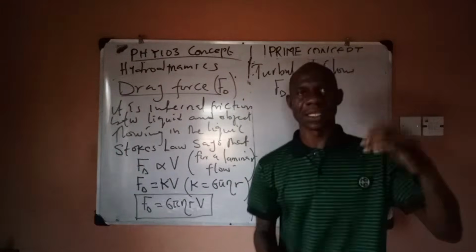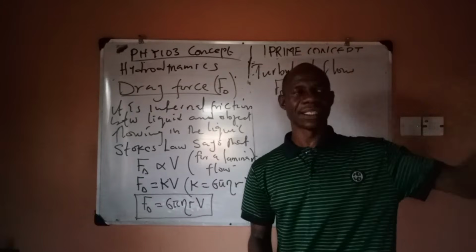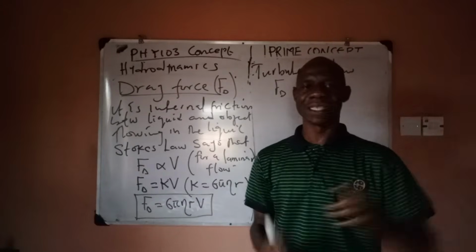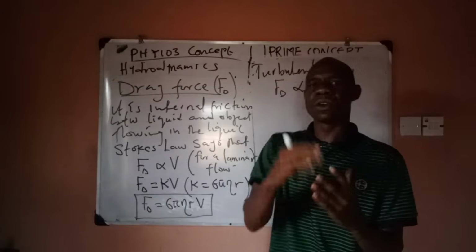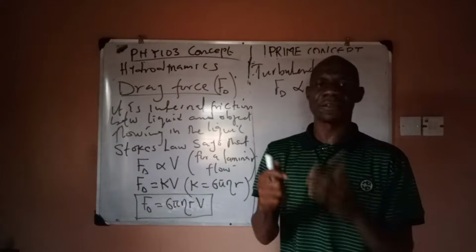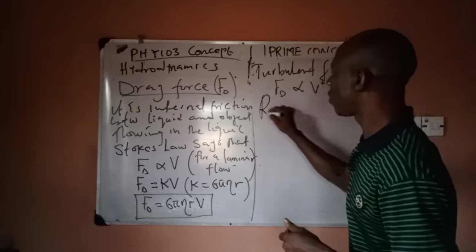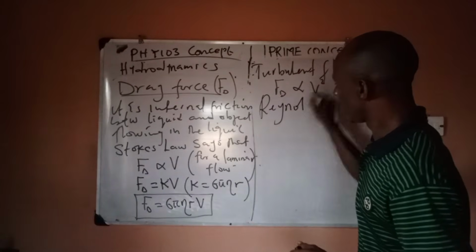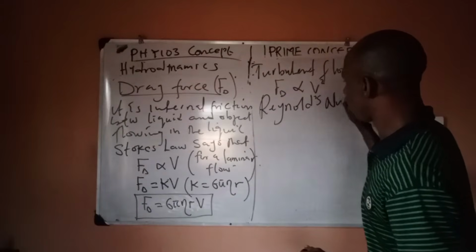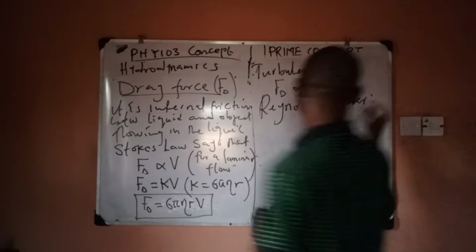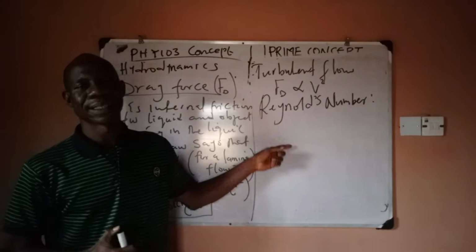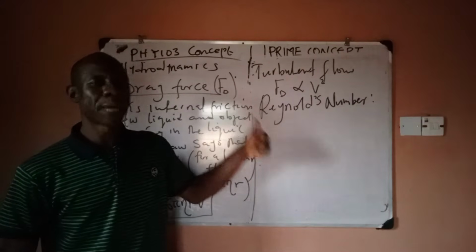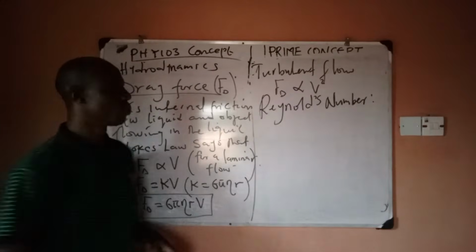If it is within another range, the flow is going to be turbulent. That parameter that can define the kind of flow a fluid would have is what we call Reynolds number.